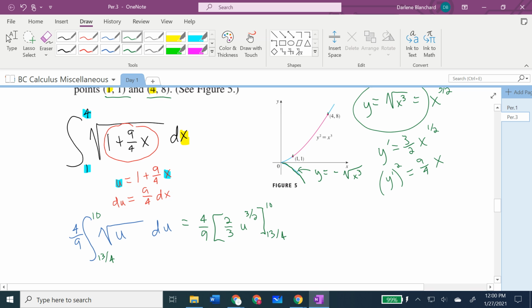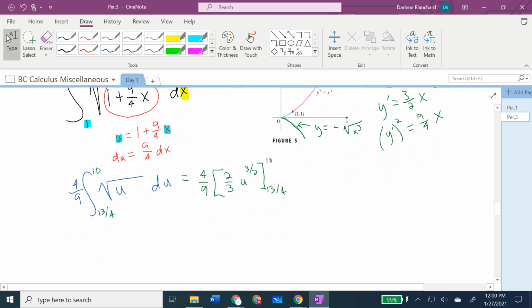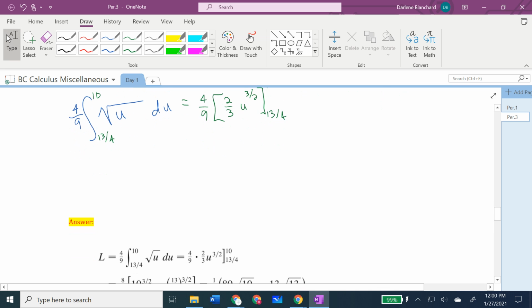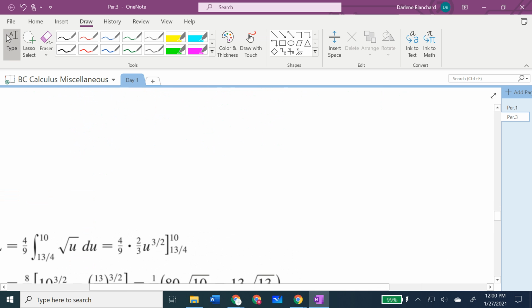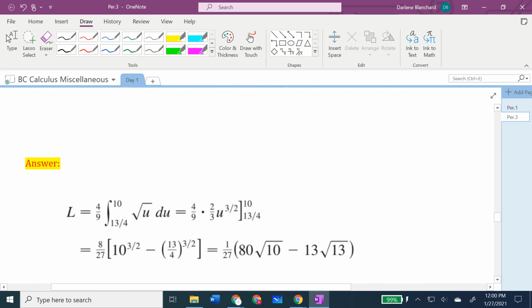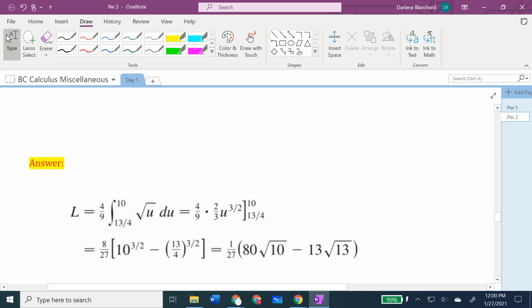Now, the rest of it's pretty straightforward, so I'm just going to show you the final answer down here because that'll save us a little bit of time. And we have found the arc length. Yay! All right. Now, the next one is interesting.